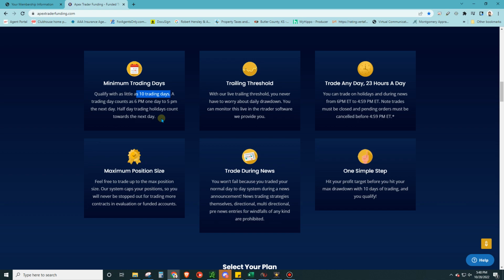So the next part is with Apex Trader Funding, they have a trailing threshold. What it means is your stop loss goes up every time your account goes up, whether or not you've closed your trade out. So say you have a trade where you make $500, but you don't close it.